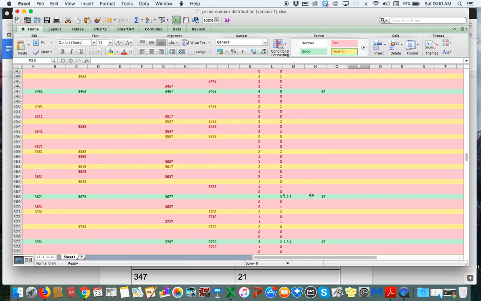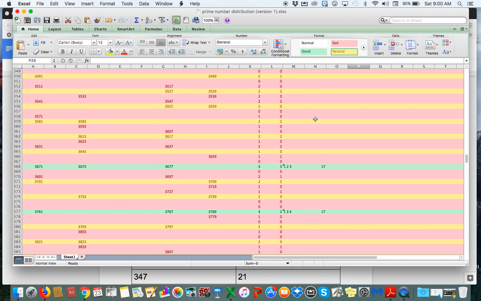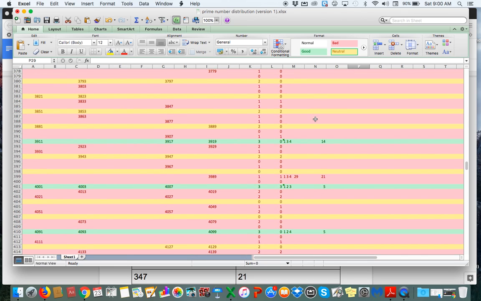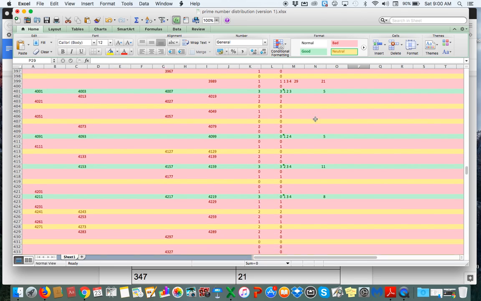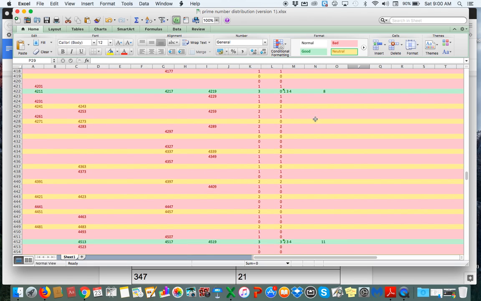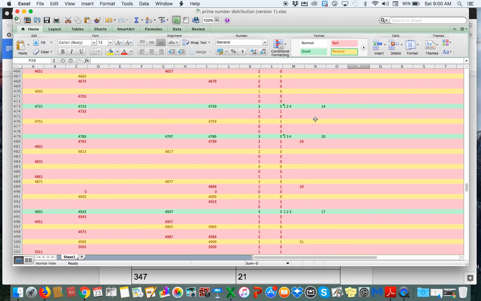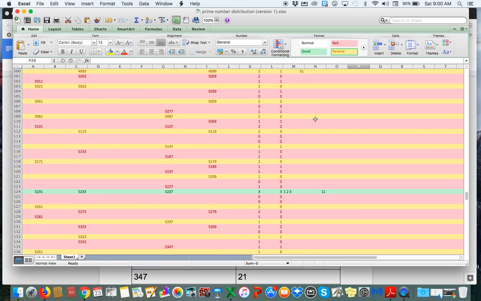And so it seems kind of statistically improbable that the total of the row digits would always add up to either a prime number, or if not prime, it seems like 8 and 14 are kind of popular numbers. There's another 8, there's an 11, 14, 20, 17.